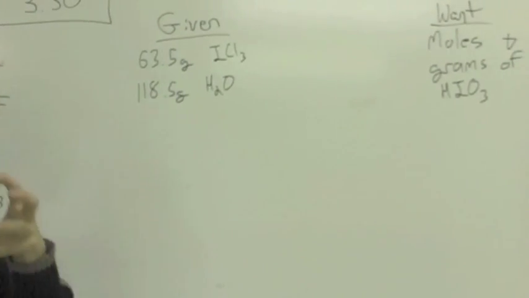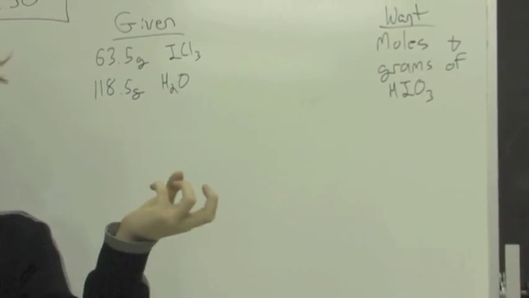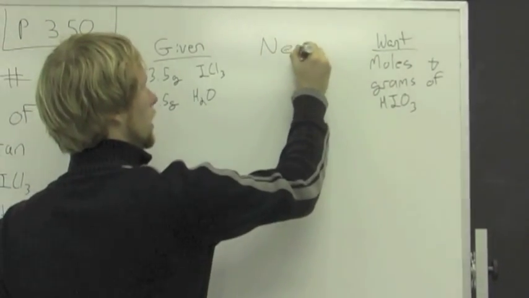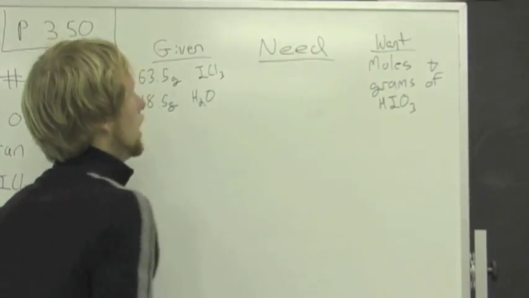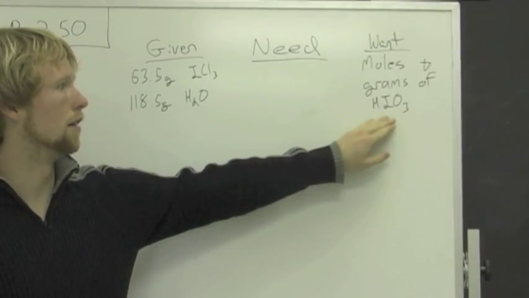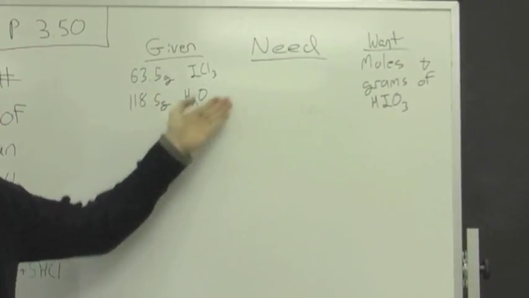And see, a chemistry problem is like a puzzle where you have the end piece, you have the beginning piece, and you need to find out what's in the middle. What's in the middle is what you need. Okay. Now in this particular problem, we're trying to calculate for moles and grams of iodic acid. Okay, and we're given these initial things.